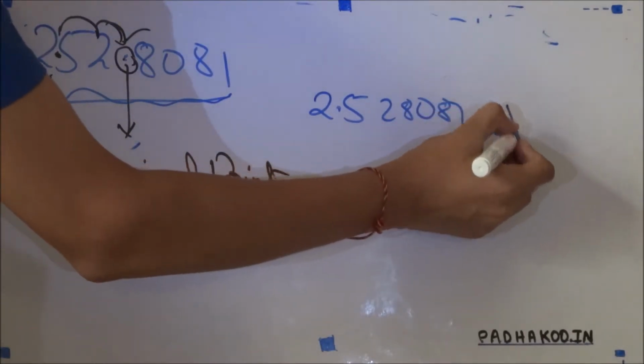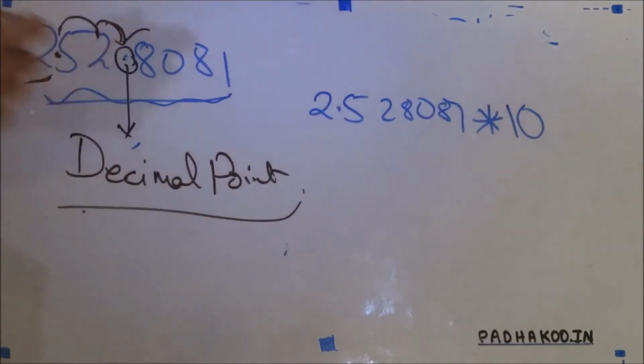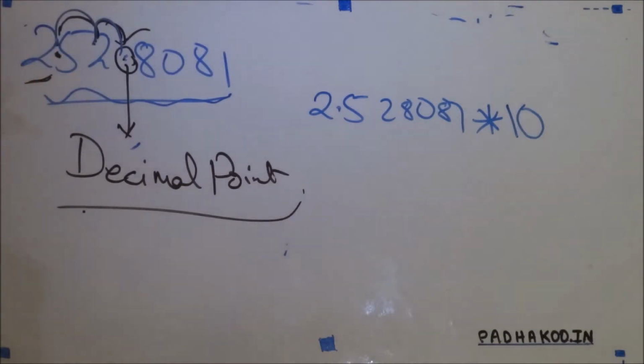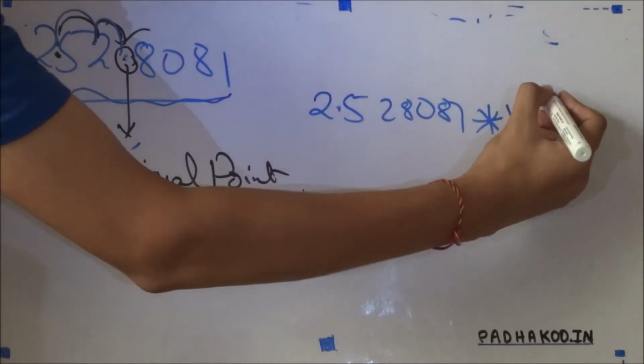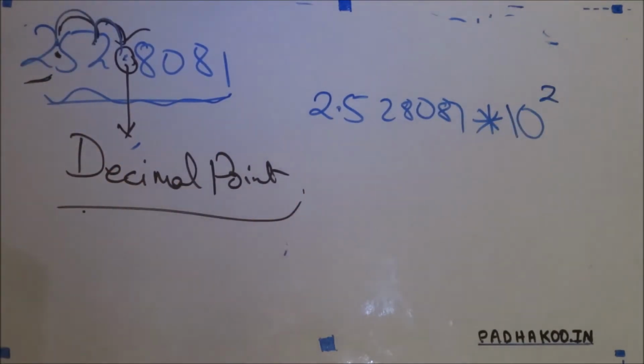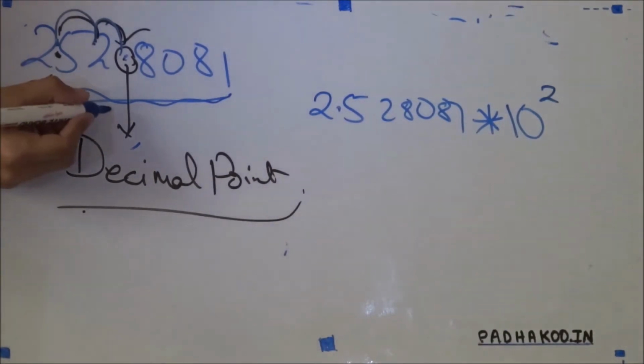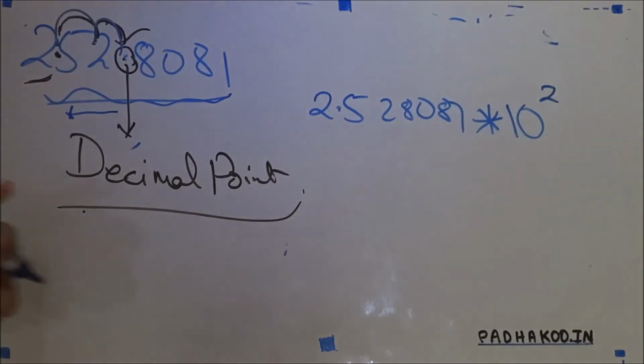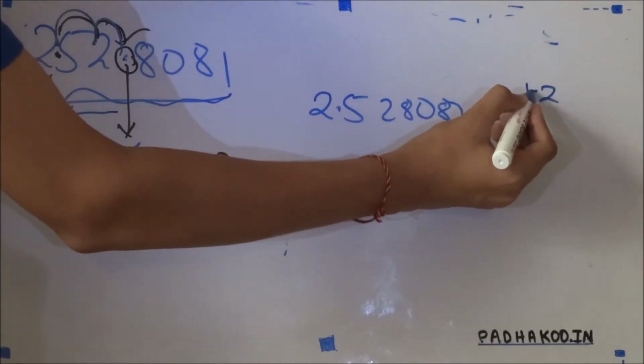Now we are converting into exponential form, which means there needs to be 10 to the power of something over here. To decide the power, we see how many places we have shifted the decimal point. One place will take it here and the second place will take it here, so we have shifted it 2 places. Let's write 2 here. But we have also shifted this point towards the left, so the 2 will be preceded by a plus sign, which means a positive 2.